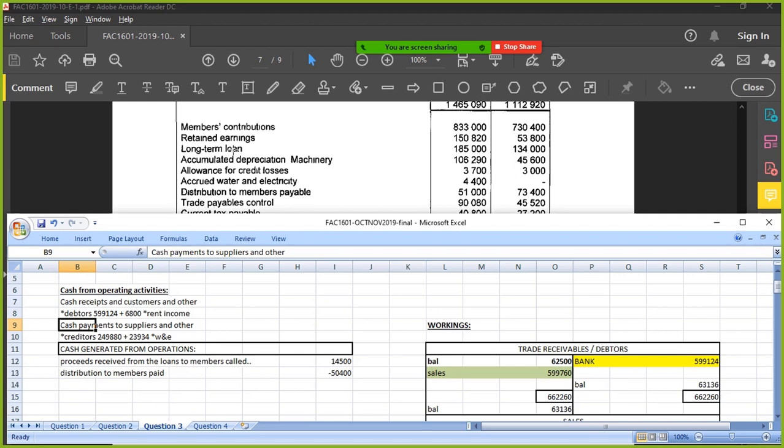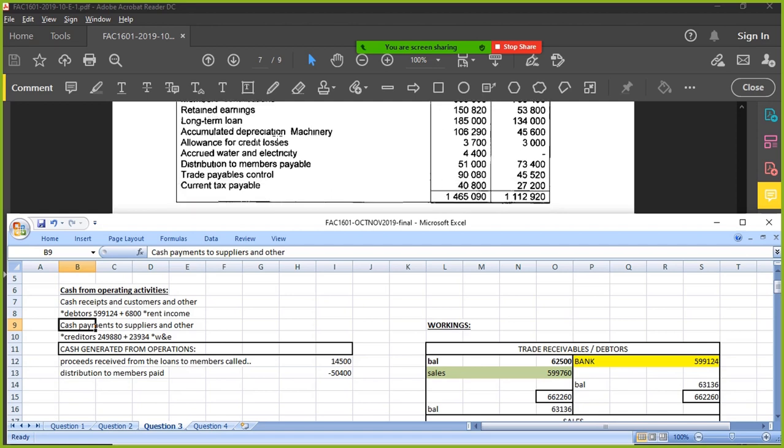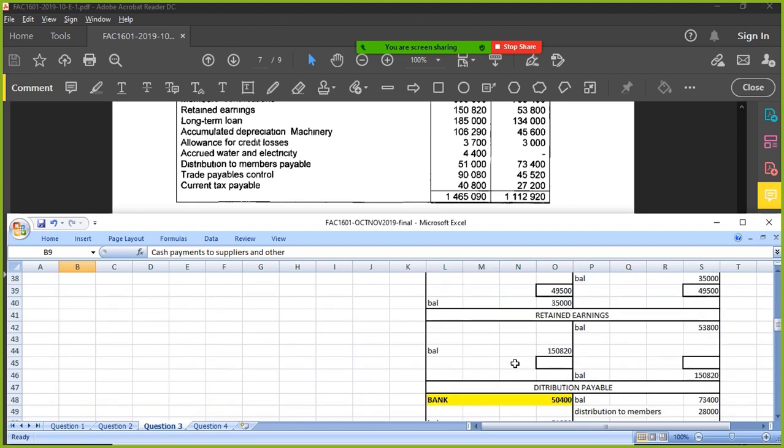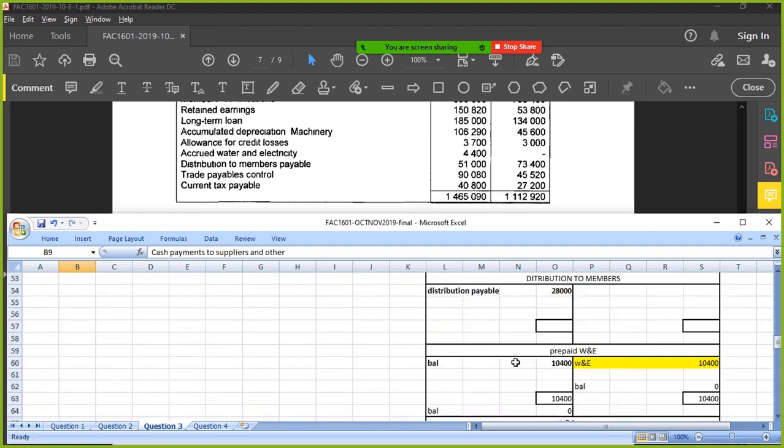Long-term loan, financing. Depreciation, don't need. Allowances, don't need. That's a non-cash item. Accrued water, electricity. Ooh, we had water, electricity. You had prepaid water, electricity. Now there is an accrued water, electricity.